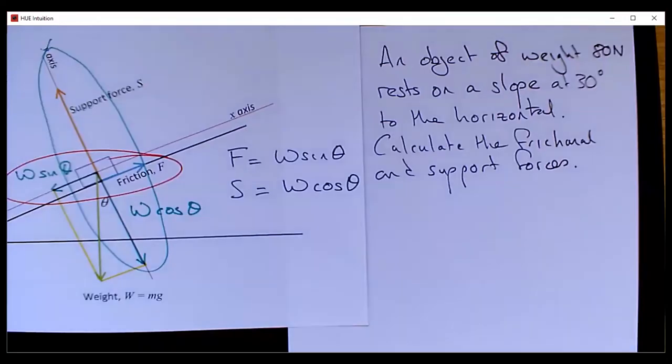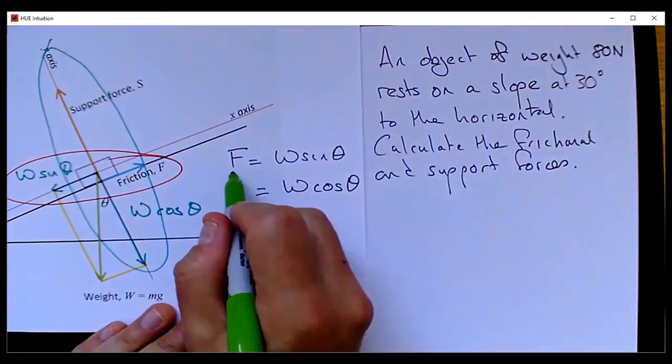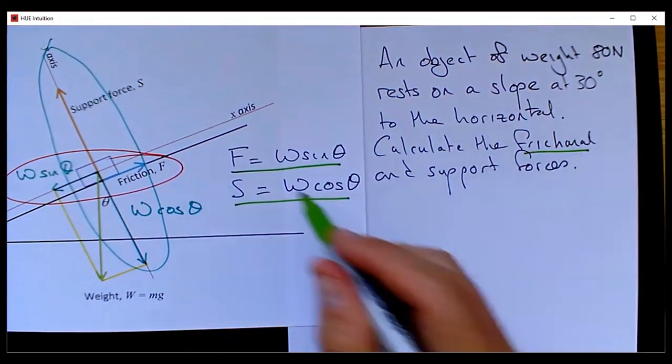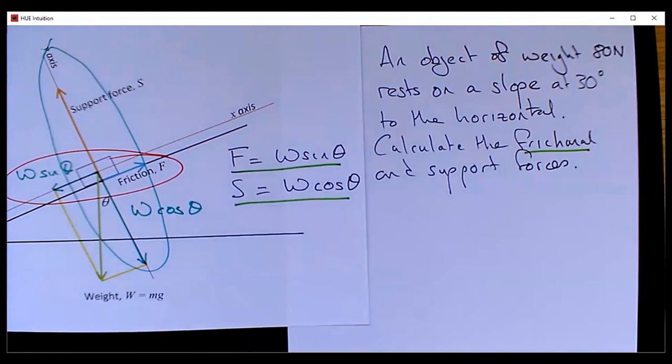And so to finish off, let's do a quick worked example. And here we go. An object of weight 80 Newton rests on a slope at 30 degrees to the horizontal. Calculate the frictional and support forces. So we've already set up the algebraic description in these two equations. If we go for the frictional force first, remember what's happening. The forces going up the slope equal the forces going down.